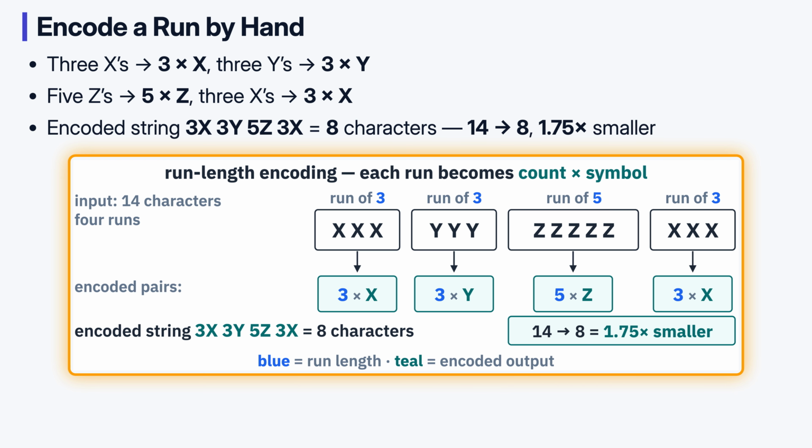Write those pairs out as a string and you get 3X3Y5Z3X, which is 8 characters. So 14 characters became 8. 14 divided by 8 is 1.75, so the encoded form is 1.75 times smaller. Every one of those runs was long enough that 2 symbols beat spelling it out.